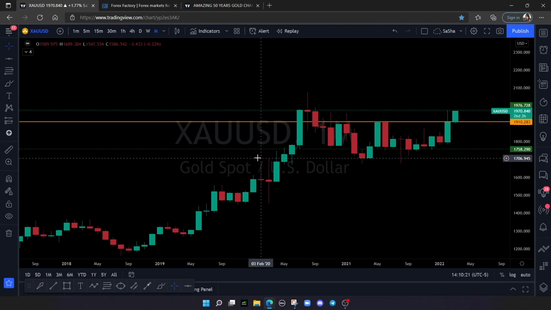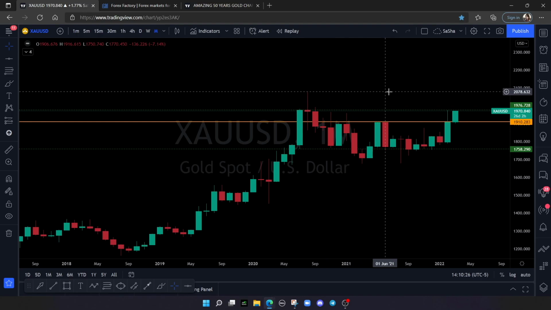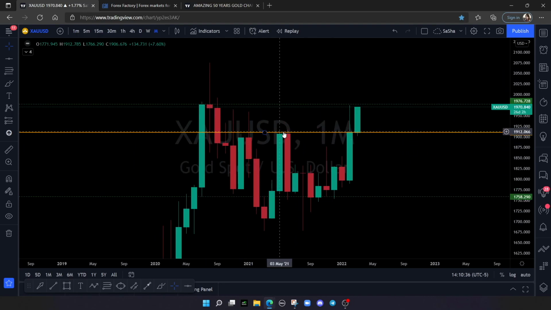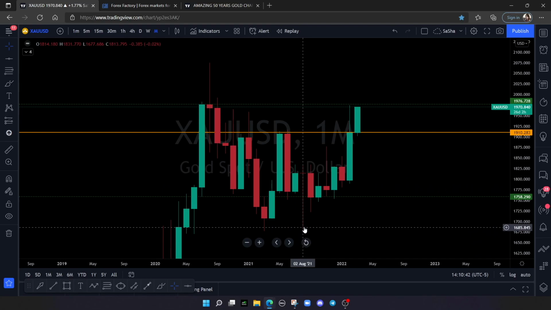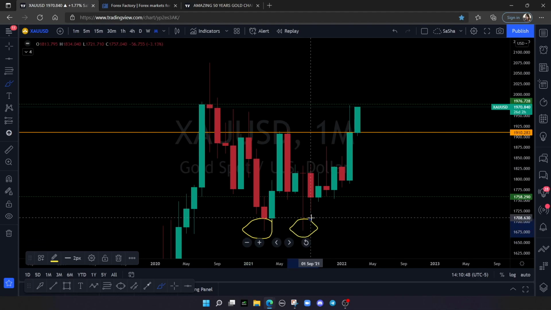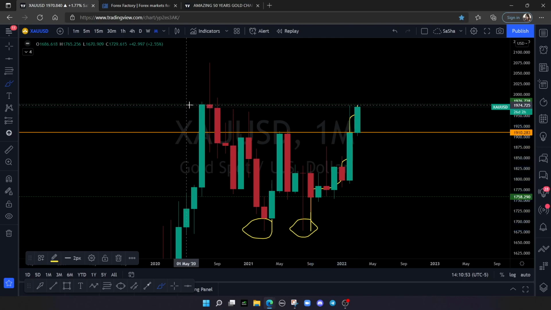So this was the breakout, retest, and continuation. Since then until now, we dropped down and then came up to almost the 50% area of the drop, then dumped down again to make a double bottom right here, and then slowly and gradually rallied up almost to the top again.